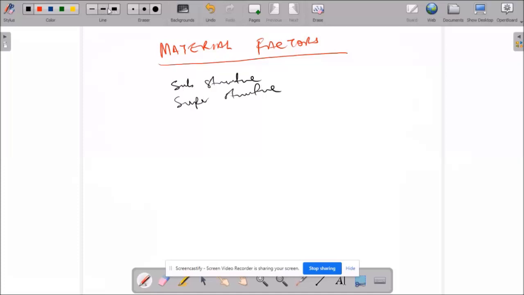Then we also need to consider the design strength of the material, to apply a safety measure in estimating the strength of the material. For us to obtain the design strength of a material, we need to look at another factor called the material factor, which we denote by YM.